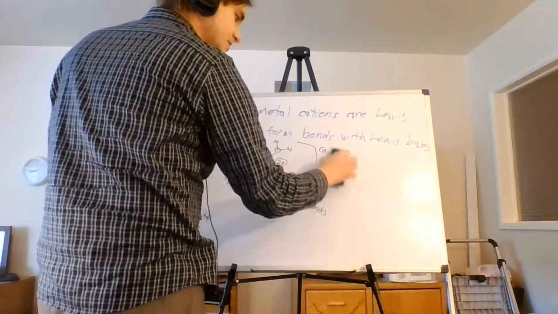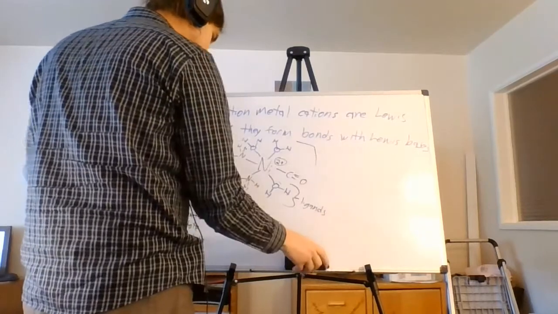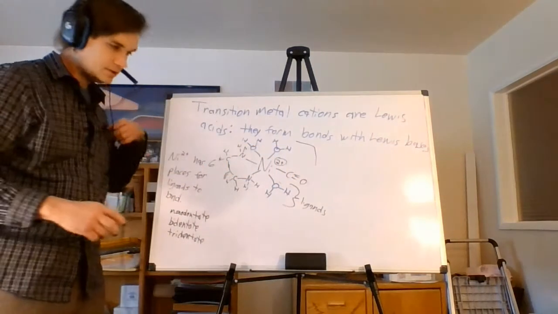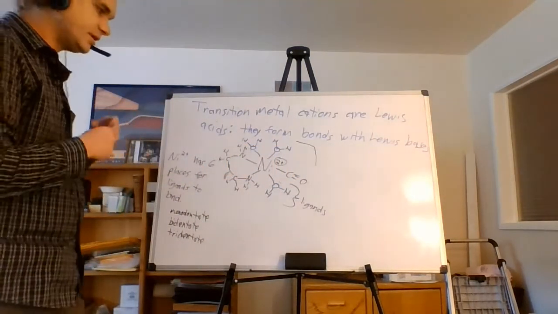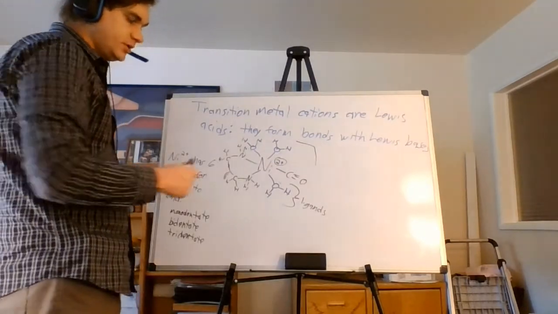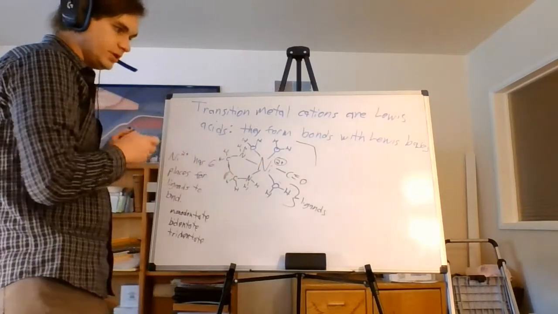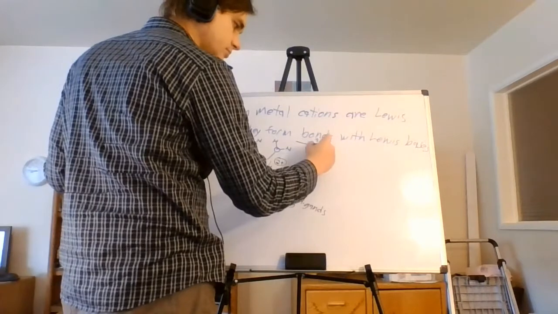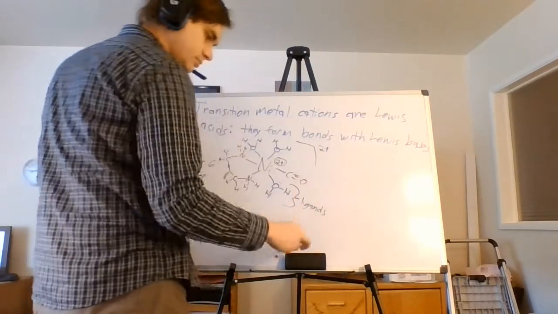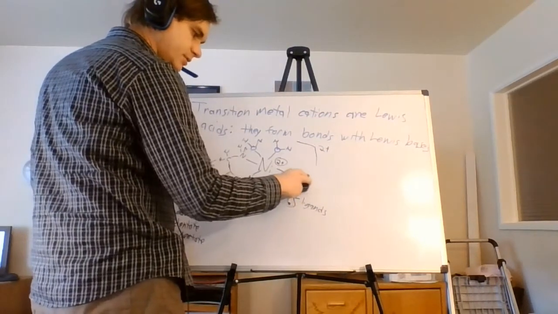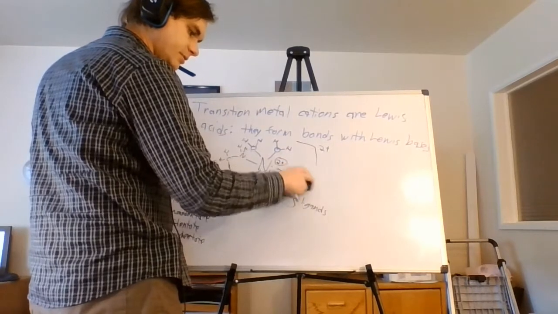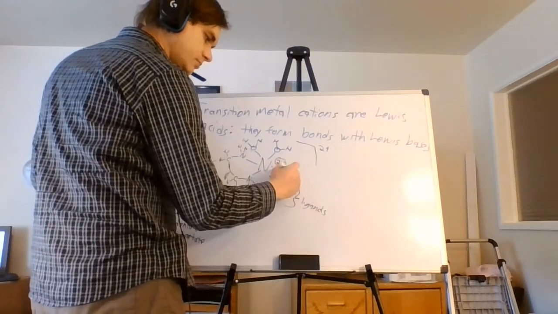Now, since this is an ion, it therefore has a charge. This has a charge of 2 plus. And so let's just take this and replace it with water again.